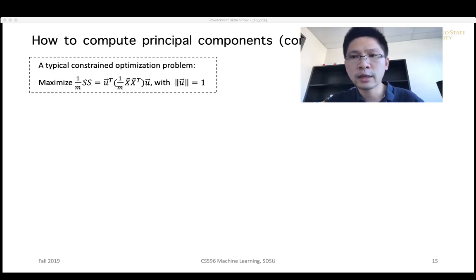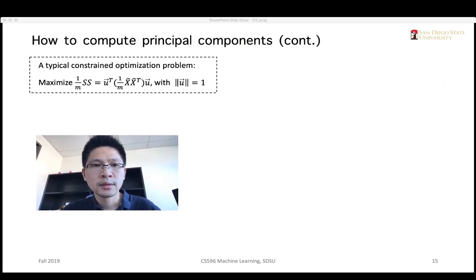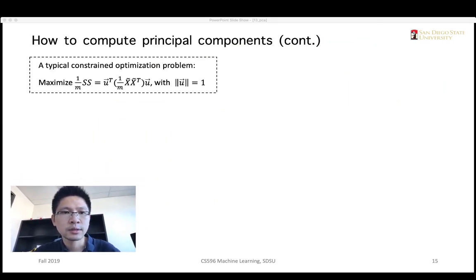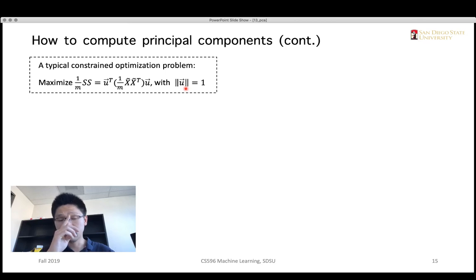Now let's try to solve this typical constrained optimization problem. Let's look at the form again. The total sum of squares in this form, 1 over m times SS, is the quantity that we want to maximize, but we have this constraint in equation form: the norm of the vector u should be 1.